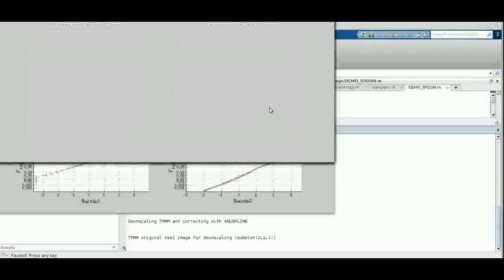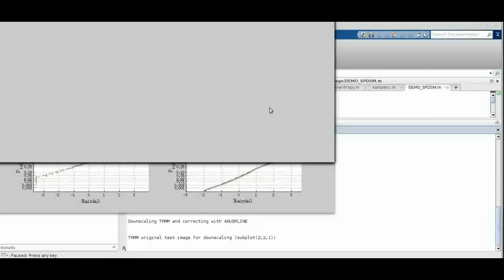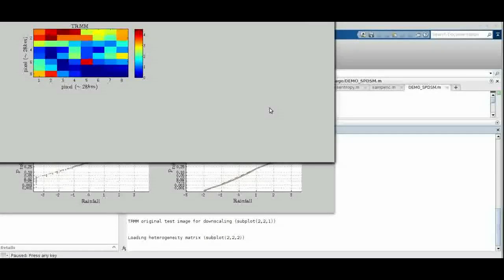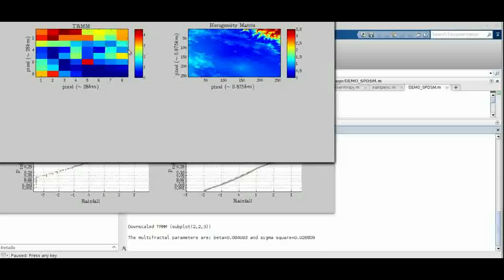We can now proceed to do downscaling of TRMM information. For that we pick the following matrix of information, which is at 28 kilometers. To this image corresponds the following heterogeneity matrix, which is at 0.875 kilometers resolution.